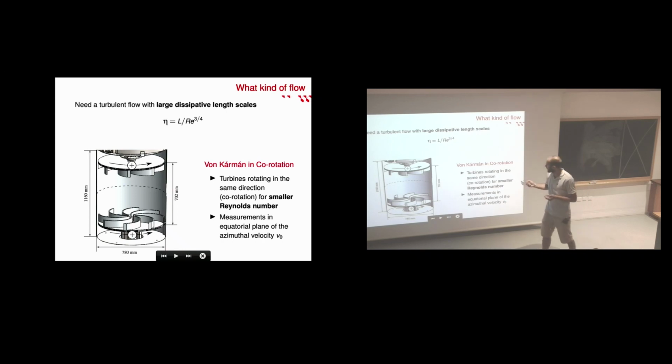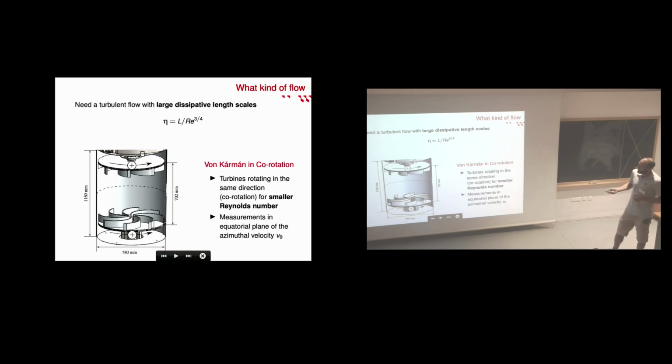So in order to obtain that, what I see is I want a large integral length scale, which is what you will obtain with a large vessel. Let's choose Shrek if we have it at hand. But you also want a small Reynolds number, or at least moderate. Otherwise, the distance between the integral length scale and the dissipative length scale will be too large, and we'll have too small dissipative length scales.